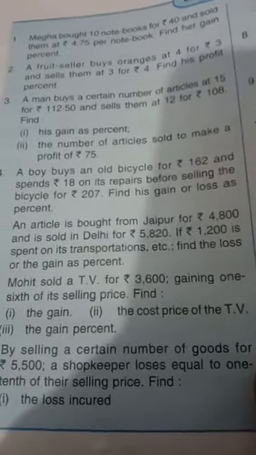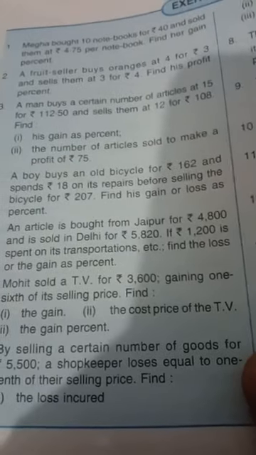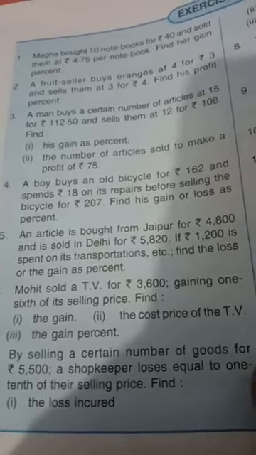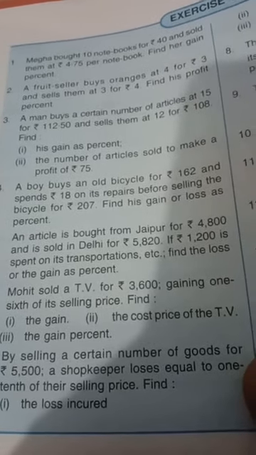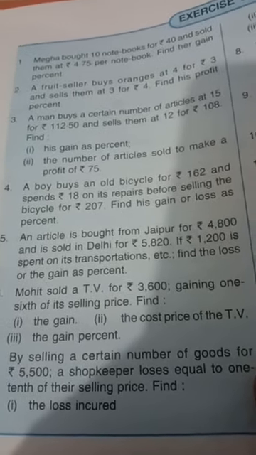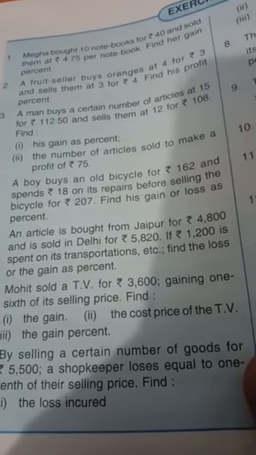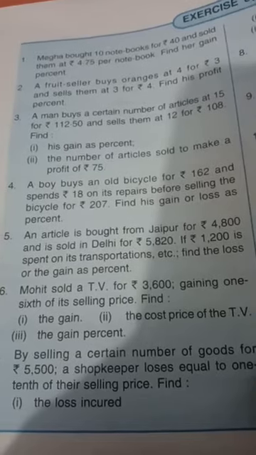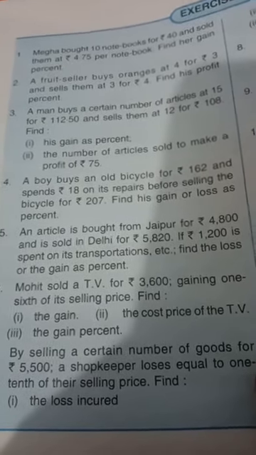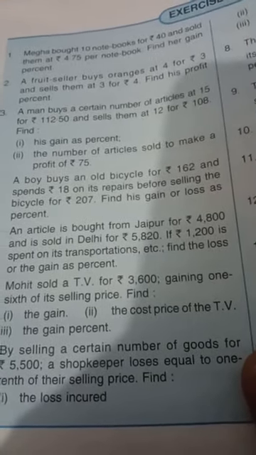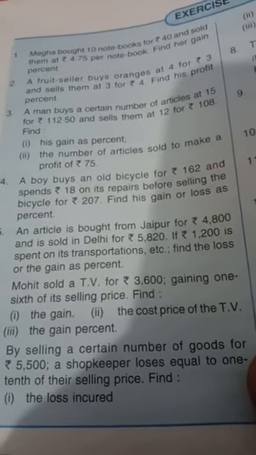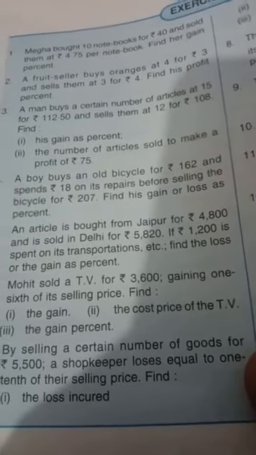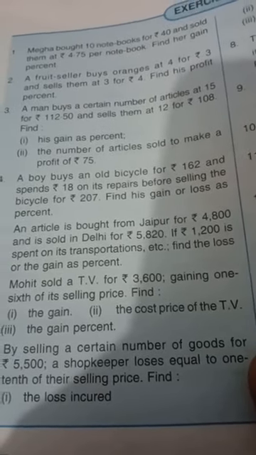So CP is equal to 4,800 and SP is 5,820. If 1,200 is spent on transportation, that means the transportation charge from Jaipur to Delhi is 1,200.